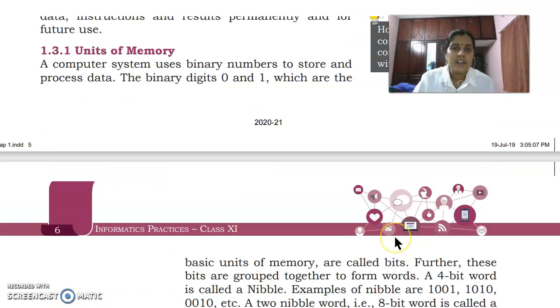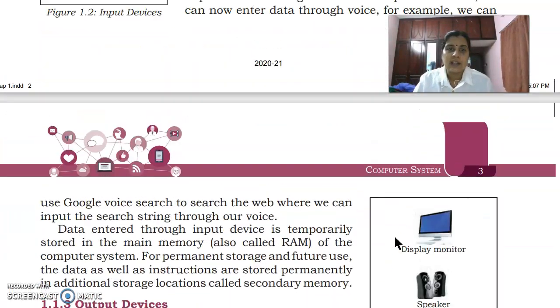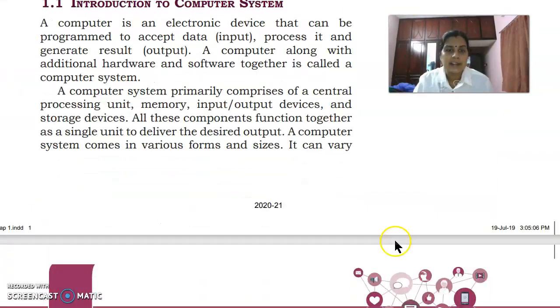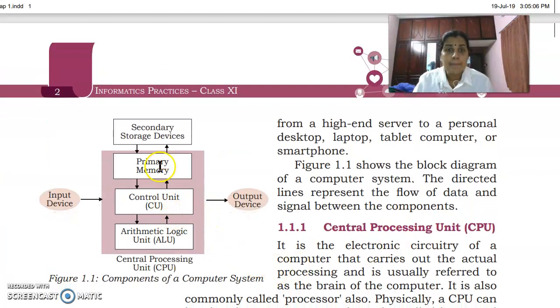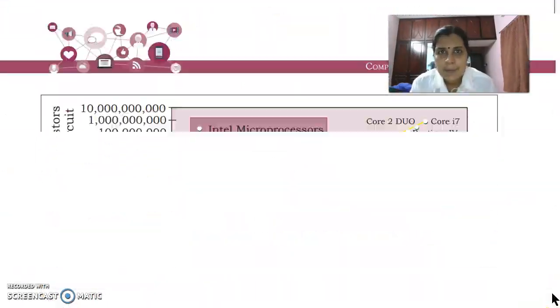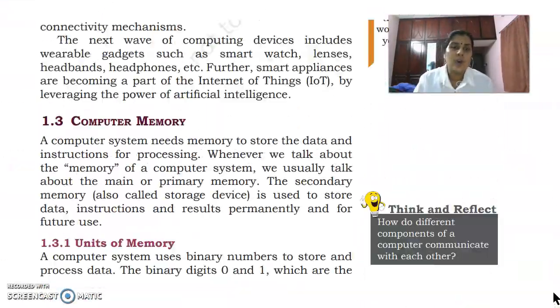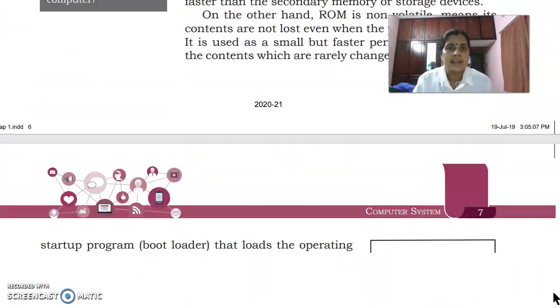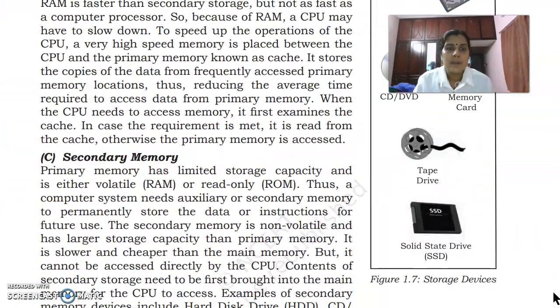Referring to our figure, the CPU and primary memory are connected. When we place a cache memory in between, it is used for speed of data retrieval, for the speed of processing.